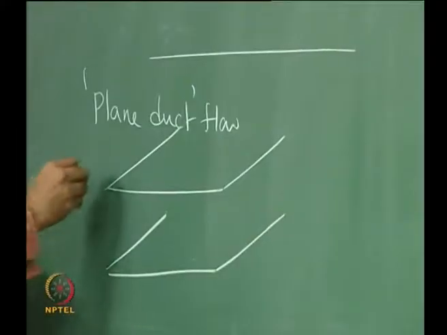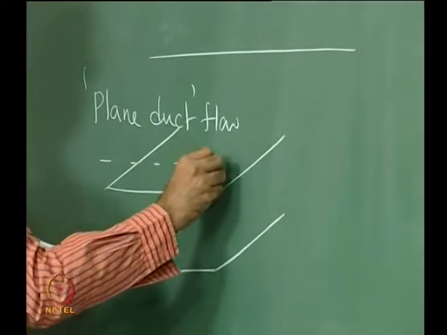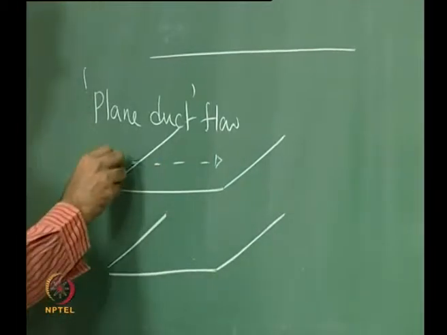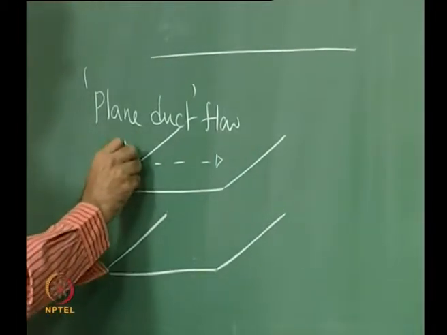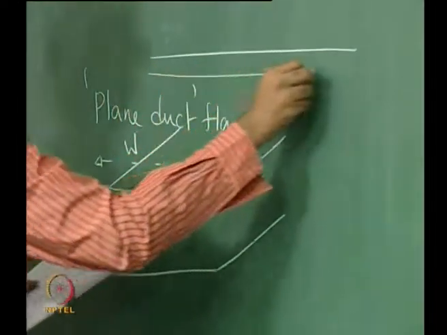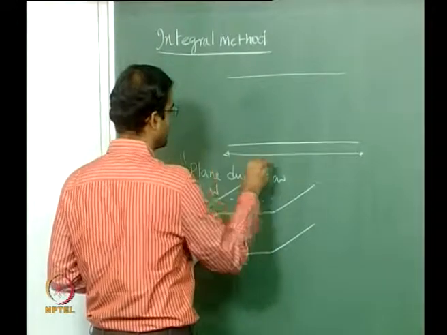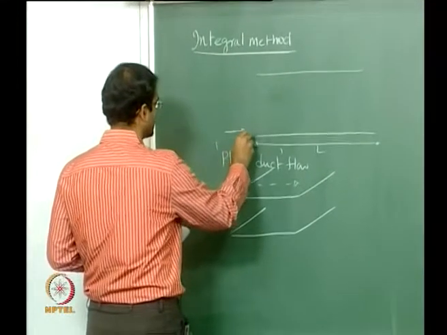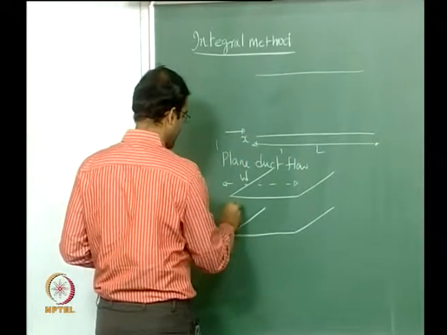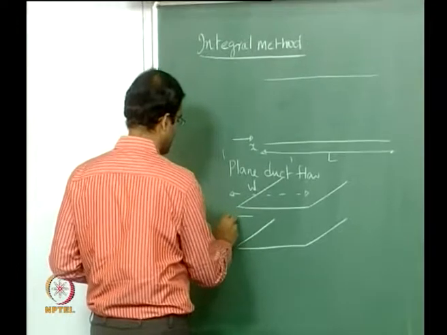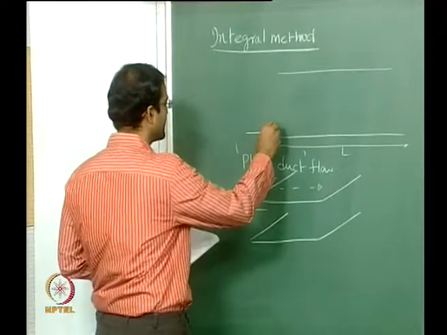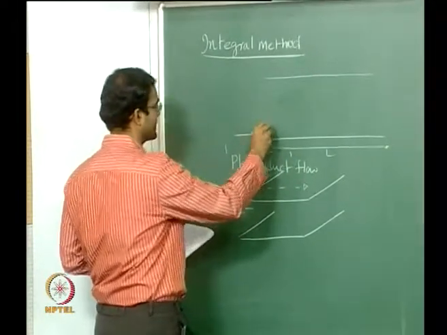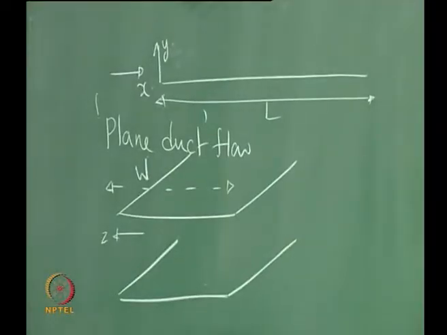So you can assume that the width of this plate is some W, and the length of these plates along the x direction is L. Okay, you can see that the width is towards the z direction here. Okay, and then you have your y direction perpendicular to x and z.